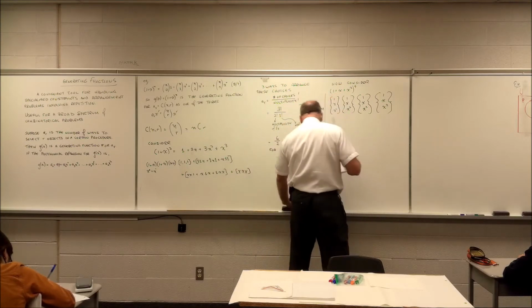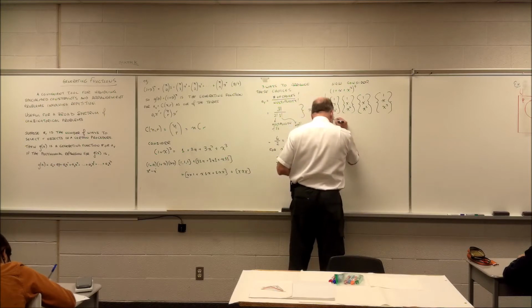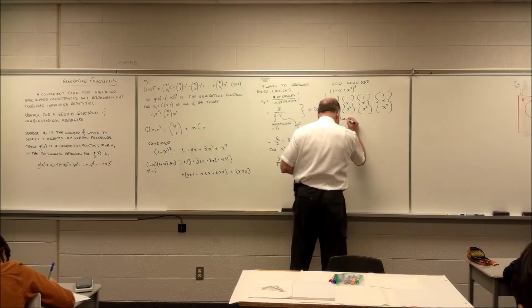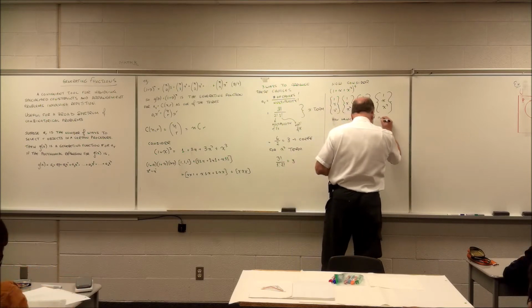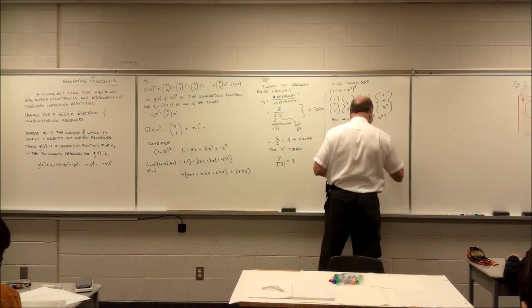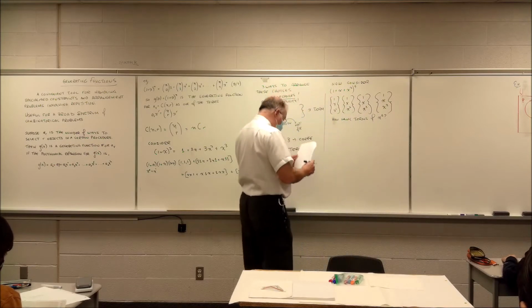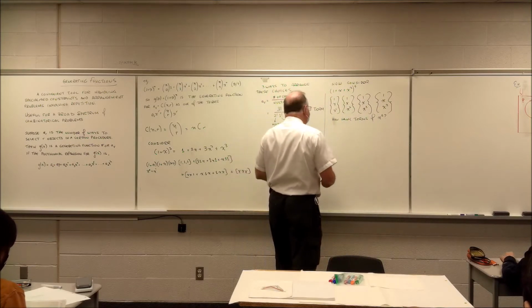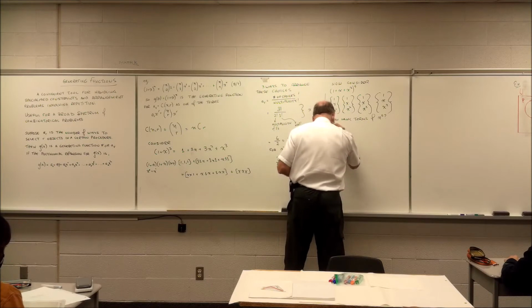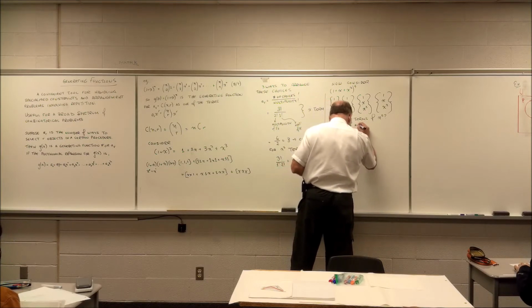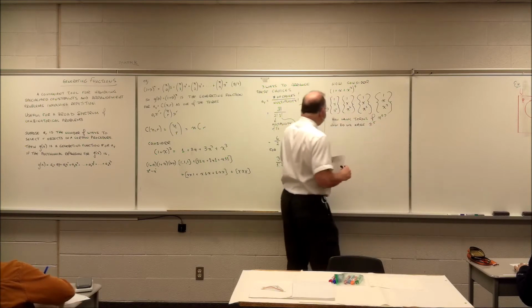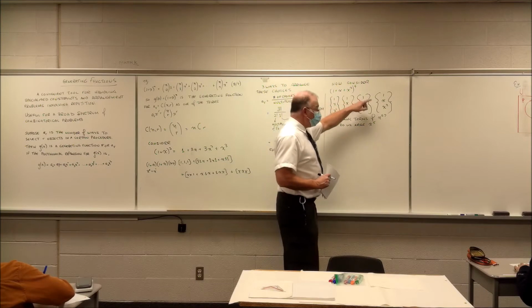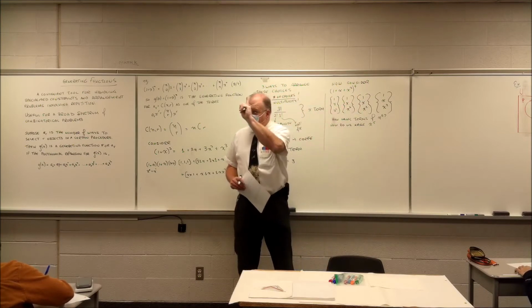In other words, the coefficient of x to the 5th. Okay? So what we can look at here is, how do we make x to the 5th? Now, we can only pick from these 3 options from each of them. We have to choose one from each. That's one of the counting principles.